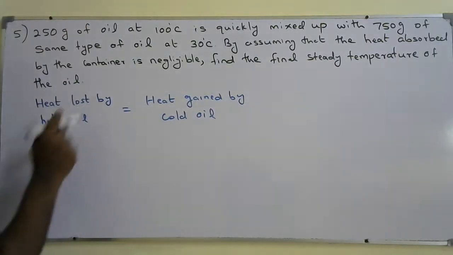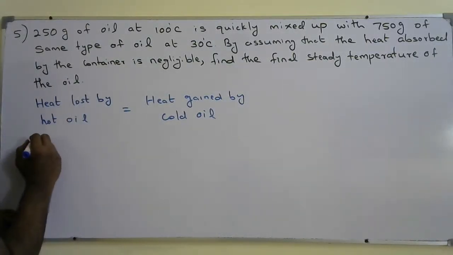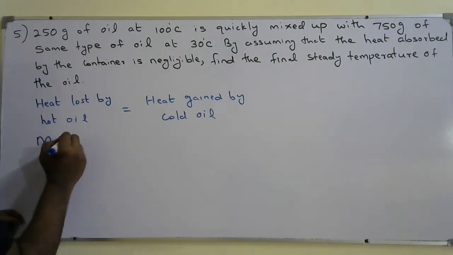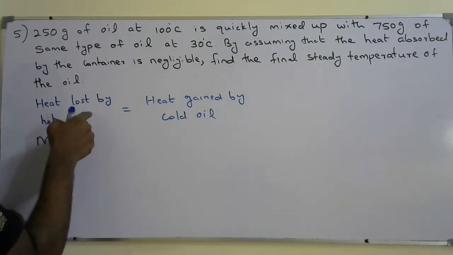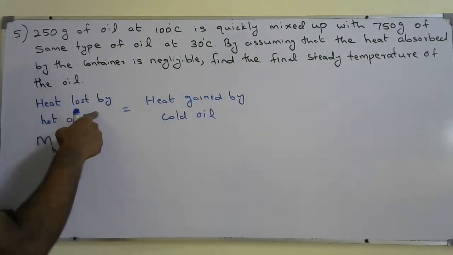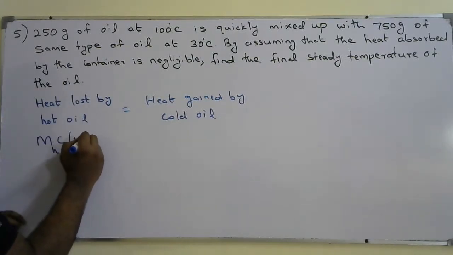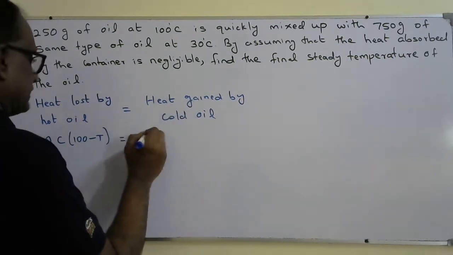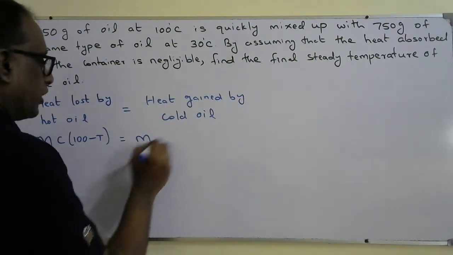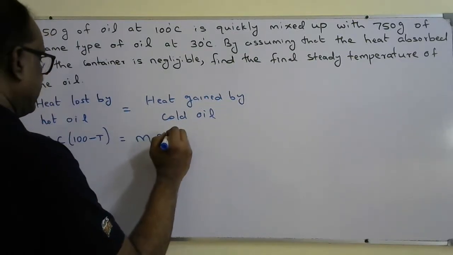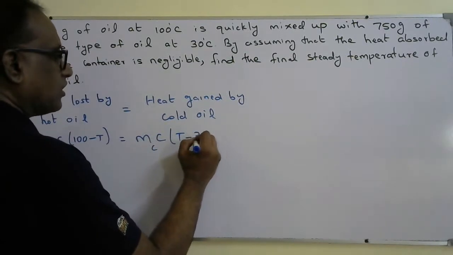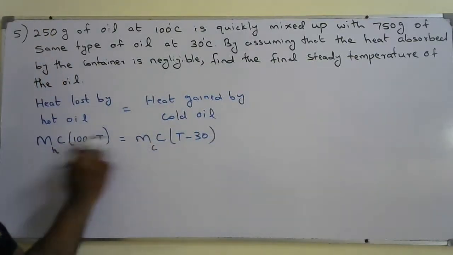So the heat lost by hot oil: I say m H, H stands for hot, the specific capacity is the same. The final temperature is the question. It's going to drop in temperature from 100 degrees Celsius to final temperature T. For the cold oil, I'll say m C, C stands for cold oil, same specific capacity, but its temperature is going to increase to T from 30. That's all. Substitute, and c and c will get cancelled.